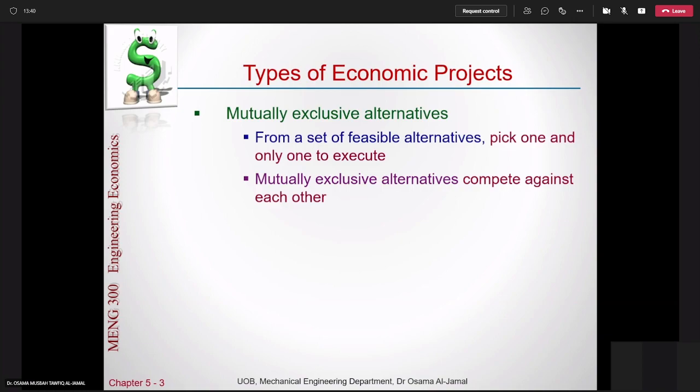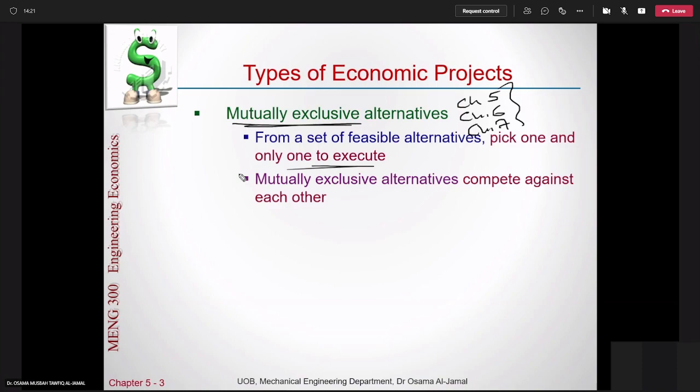Only one project to be selected from those mutually exclusive alternatives. We have in chapter 5, chapter 6, and chapter 7 those based on the mutually exclusive alternatives, to select one and only one. You cannot select more than one.